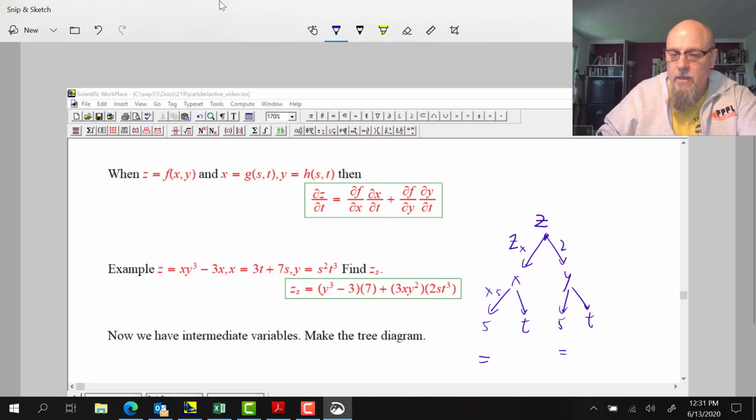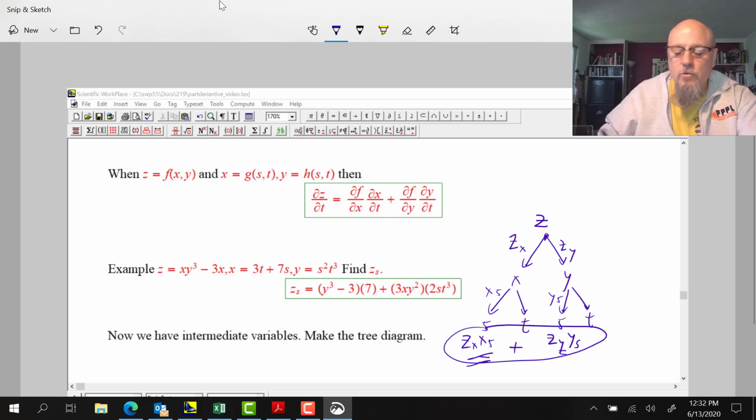This is z with respect to y, and this is y with respect to s. And now I want s, so I'm using these branches with the s's here. So it's this times this, plus, so that's underlined, that's supposed to be underlined, plus this times this.